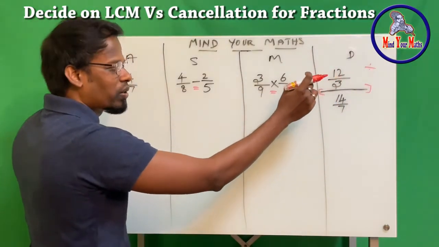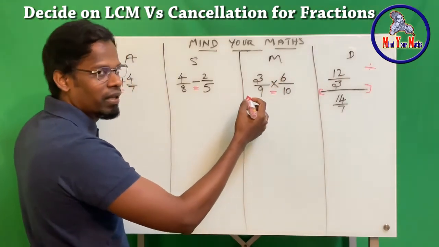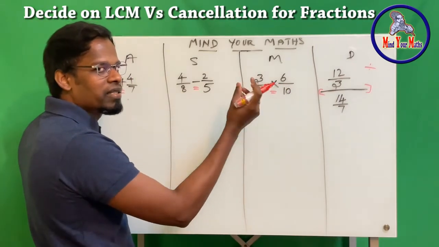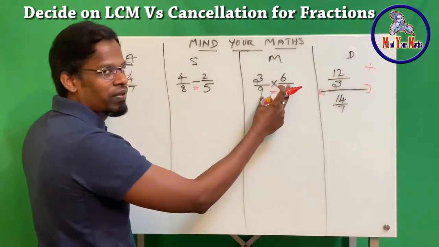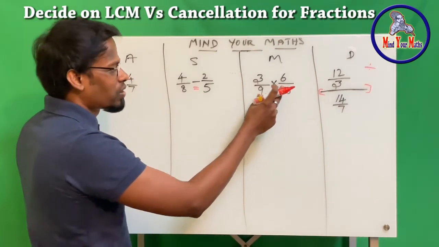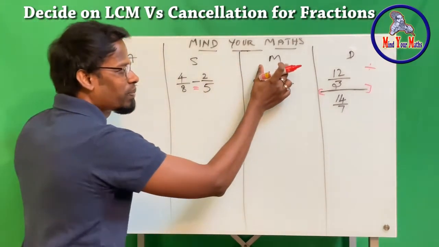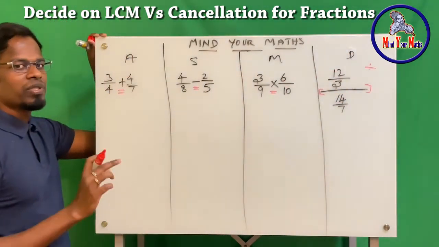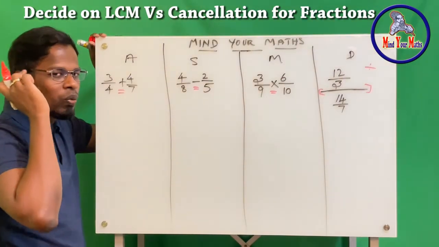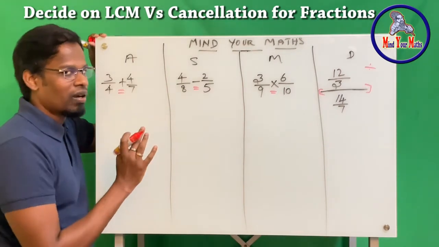In this case you can pick one number from the numerator and another from the denominator, and if both can be divided by the same value, you can simplify by the cancellation method. So addition and subtraction use LCM; multiplication and division use the cancellation method. Always remember this, so that you will not get confused when you solve problems.